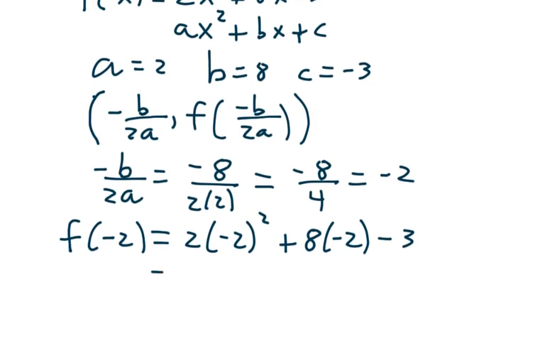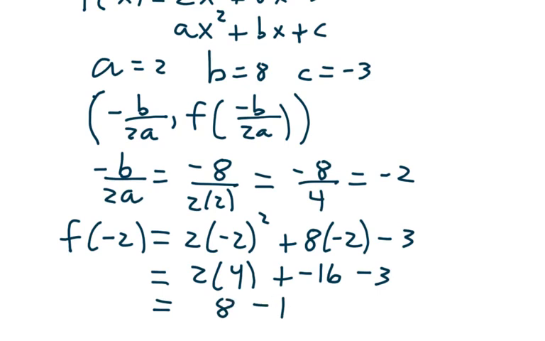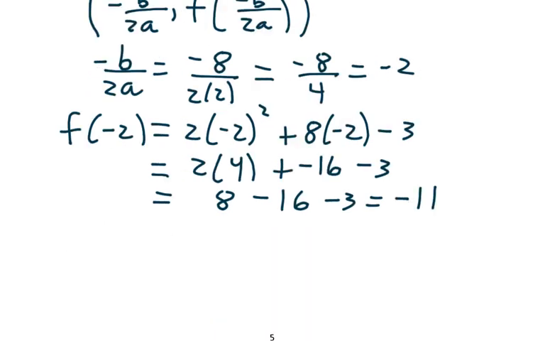Now the question is, what is this equal to? We have 2 times 4, plus 8 times negative 2, which is negative 16, minus 3. So we have 8 minus 16 minus 3. If I'm right, that's going to be negative 11.